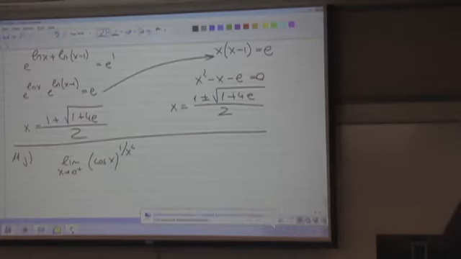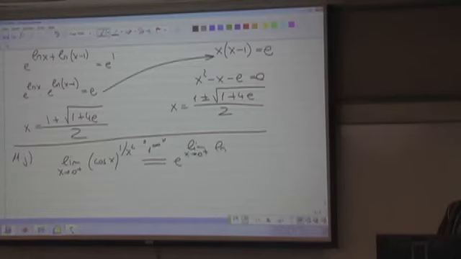So I'll write this as 1 to the infinity, so we know what we're looking at. We're looking at e to the limit as x goes to 0 plus of the natural logarithm of cosine of x to the 1 over x squared. Right?